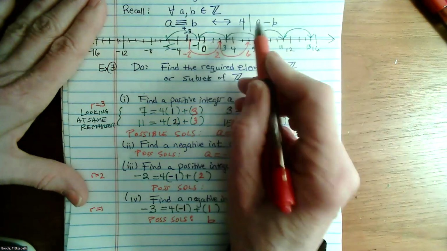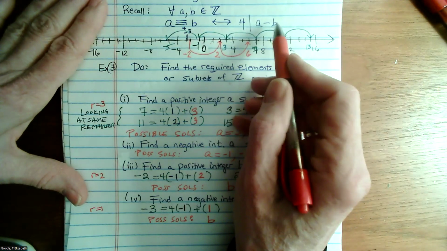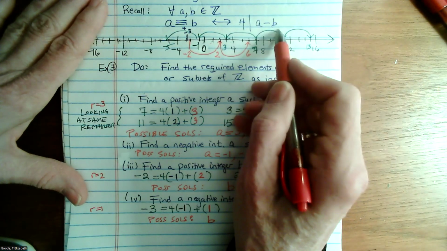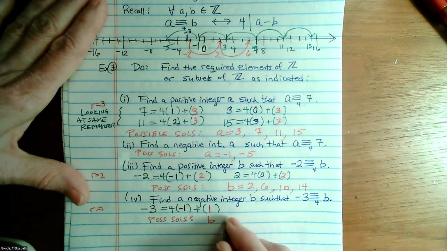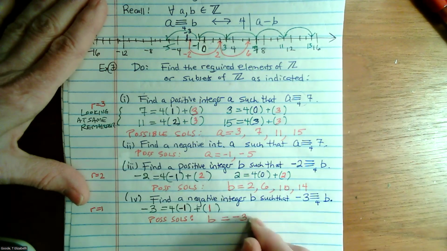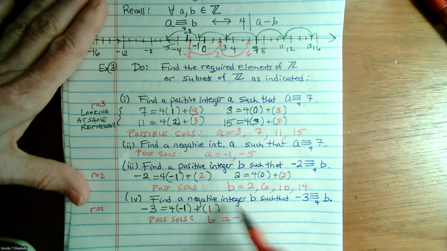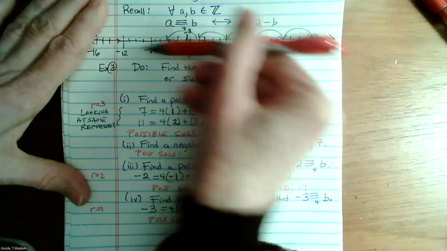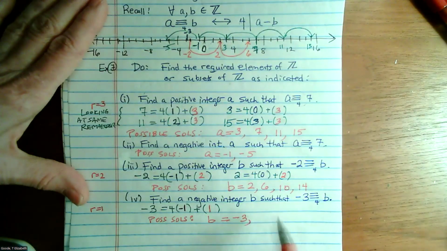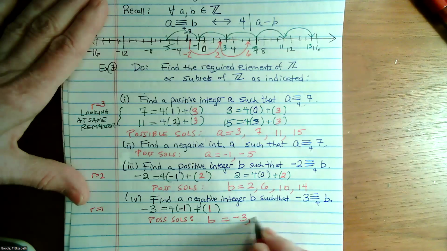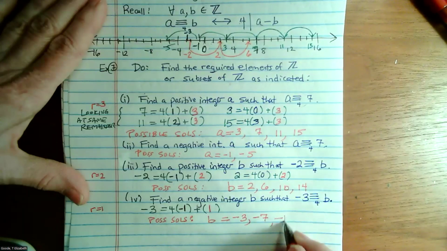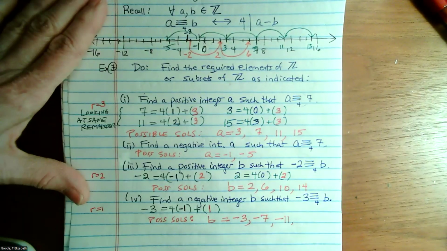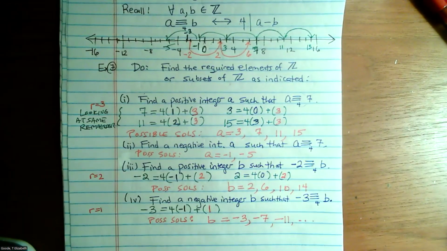And 4 divides -3 minus -3, because that is 0. 4 divides 0. Every one of these integers is related to itself. So you could just take b equals -3. But we want some other ones, maybe. We're going this way. What's the next one? Moving to the left. We want negative ones. -7. Yeah, good. And then -11, right? -15, and so on and so forth. Jumps of size 4.